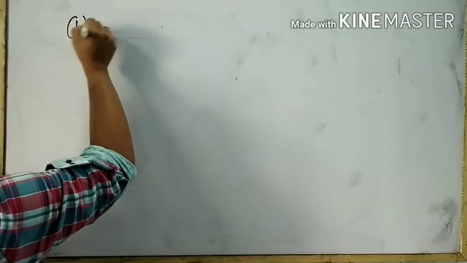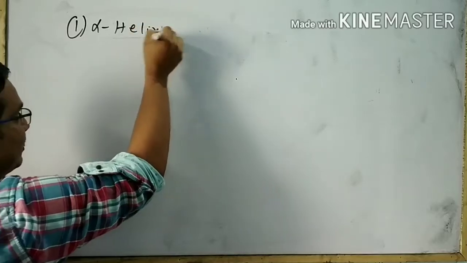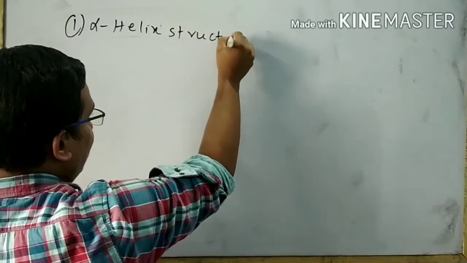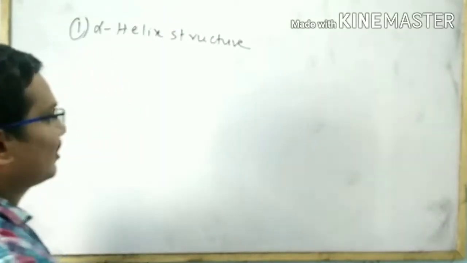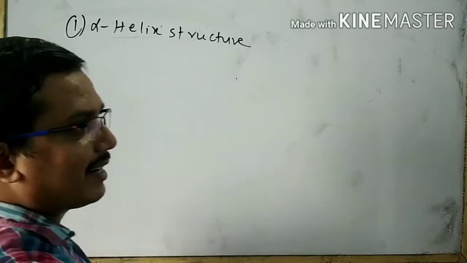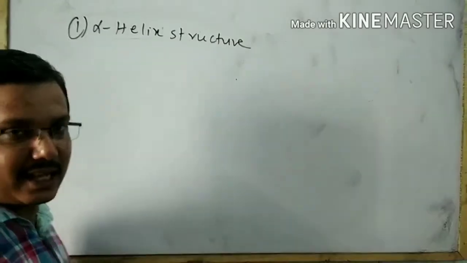Now I will discuss the alpha helix structure. Remember an important point: in alpha helix structure the R group has larger size, but in beta pleated sheet structure the R group has smaller size.